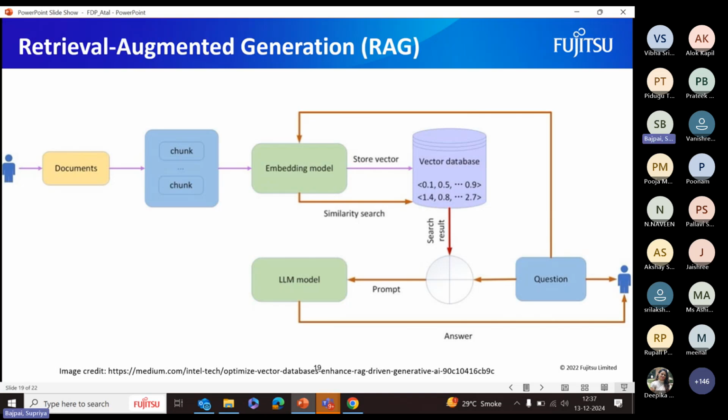These embedding models can understand the text. Suppose, like "bank" of a river, or a bank where we deposit money. They understand that depending on the context.